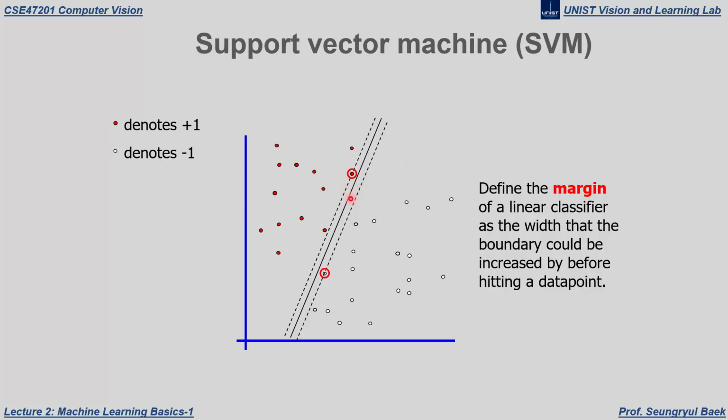Here, the margin is defined as the distance between these two dotted straight lines. And I will further explain what this dotted straight line is and what the real straight line is. Okay.